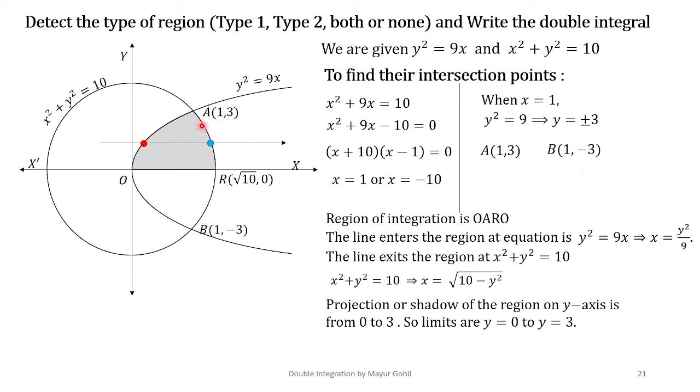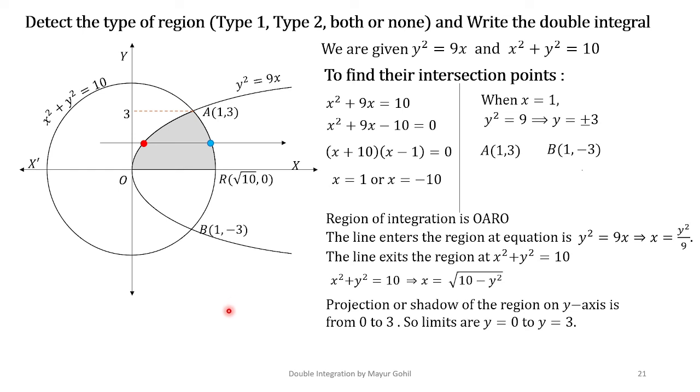The shadow of the region will fall upon the y-axis, so when we drop a perpendicular, or take the projection of the region on the y-axis, it will fall on 0 to 3.